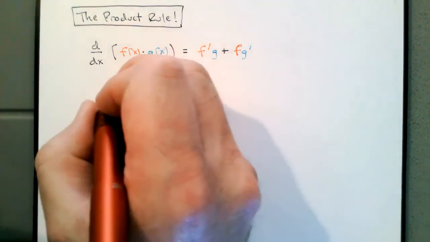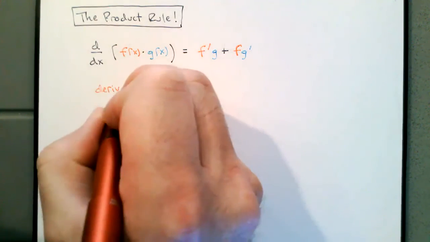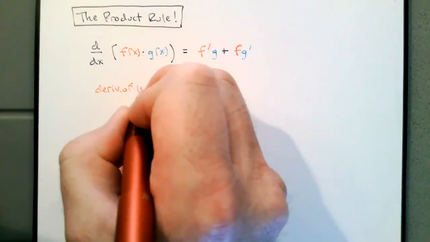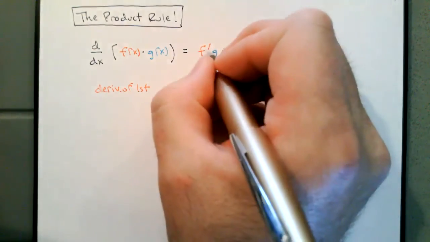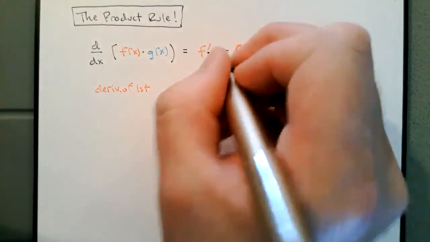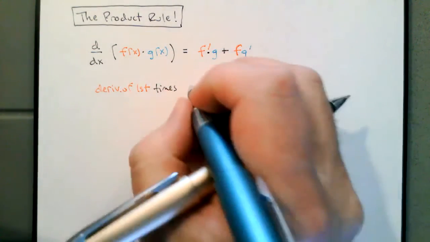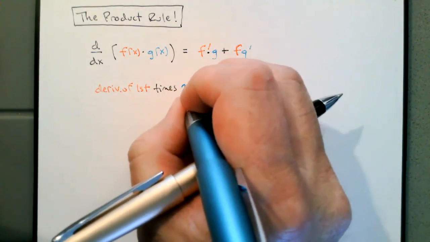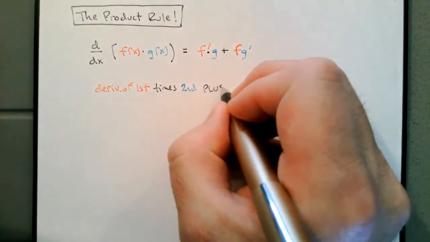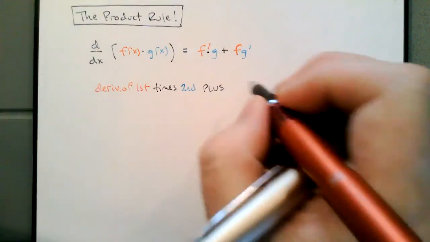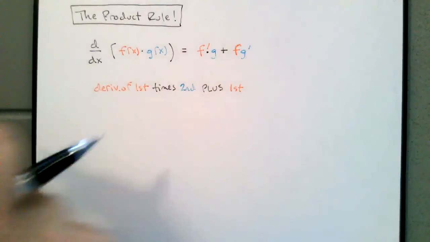But the derivative of the first times the second plus the first times the derivative of the second.